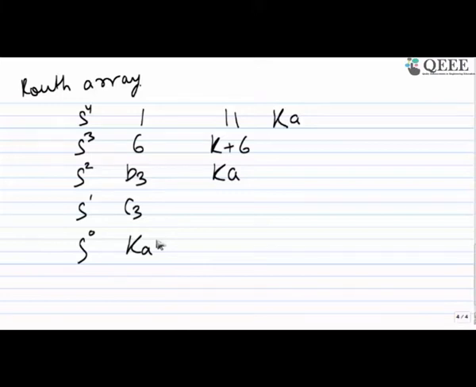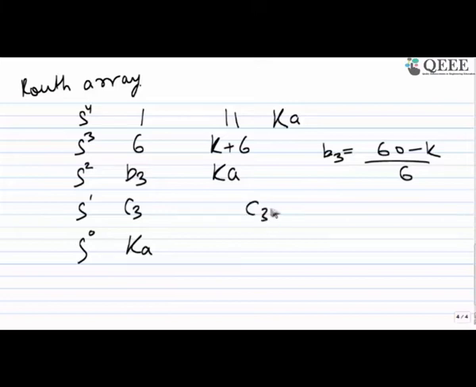Okay, and this B3, let's write this separately. B3 would be 66 minus k minus 6, which will give me 60 minus k by 6.